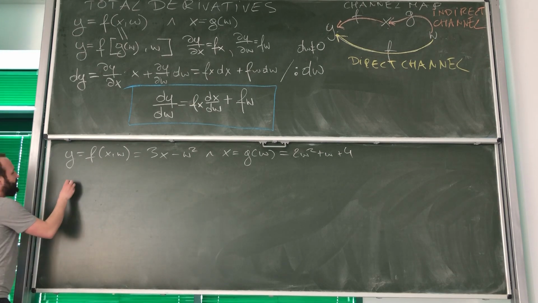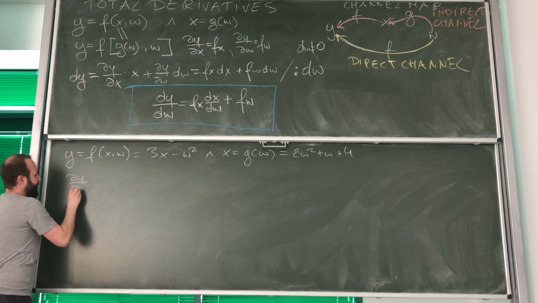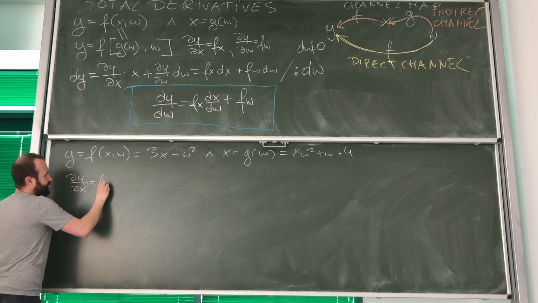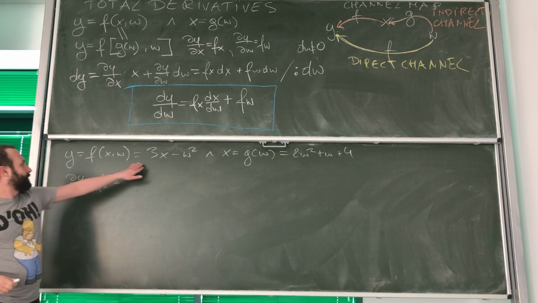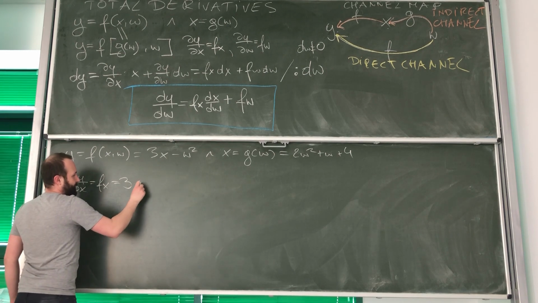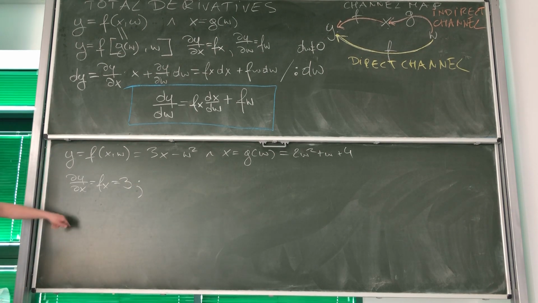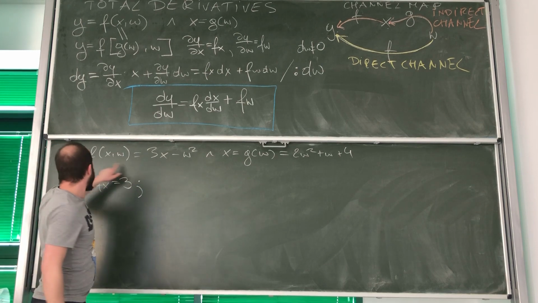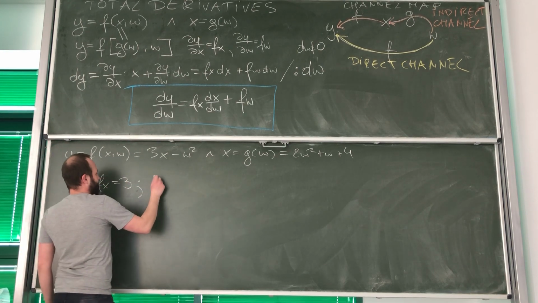So look, we would start with dy dx, or fx. We differentiate this with respect to x, we get just 3. Okay, now we differentiate this with respect to w.